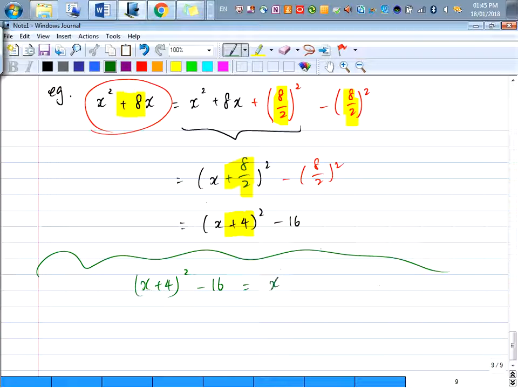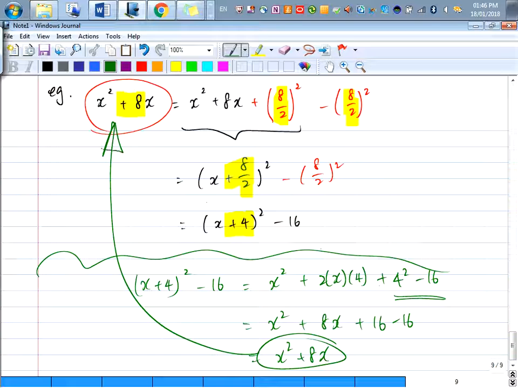How much is that? x squared plus 2 times x times 4 plus 4 squared minus 16. What do I have? x squared plus 8x. Hey, they cancel each other out. Plus 16 minus 16. This is x squared plus 8x. You see? It's the same.